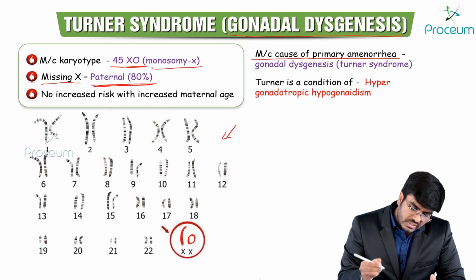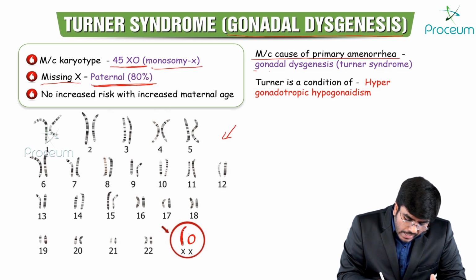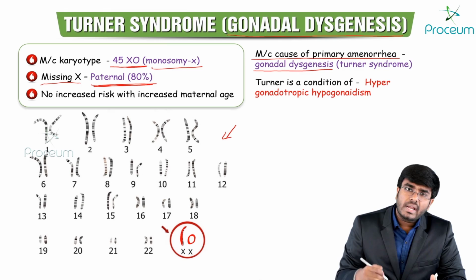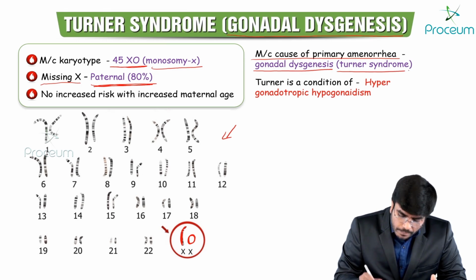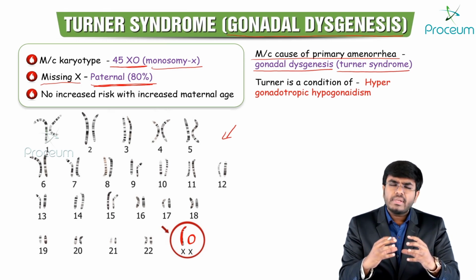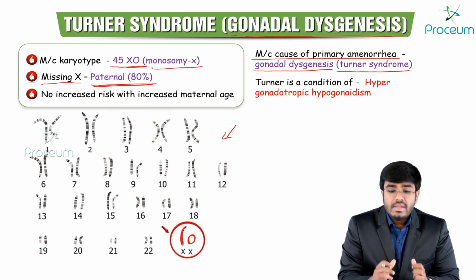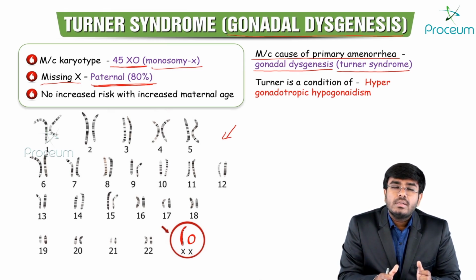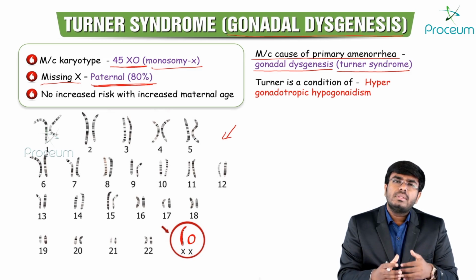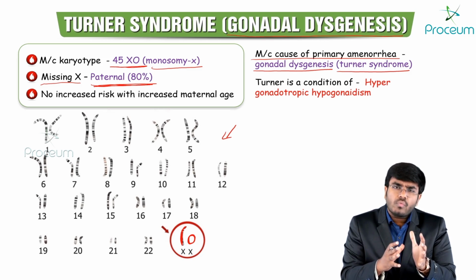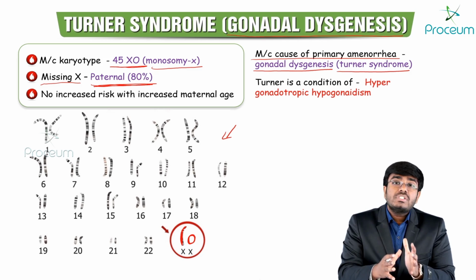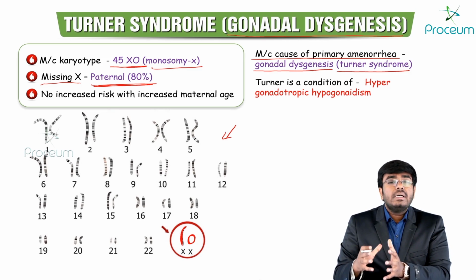Okay, now, guys, the most common cause of primary amenorrhea is a direct single-line question. The most common cause of primary amenorrhea is gonadal dysgenesis. And which type of gonadal dysgenesis, guys? Turner syndrome. Okay, it means the ovaries are non-functional. If the ovaries are non-functional, then how can you have the menses? See, it's the ovarian cycle which will override the uterine cycle.